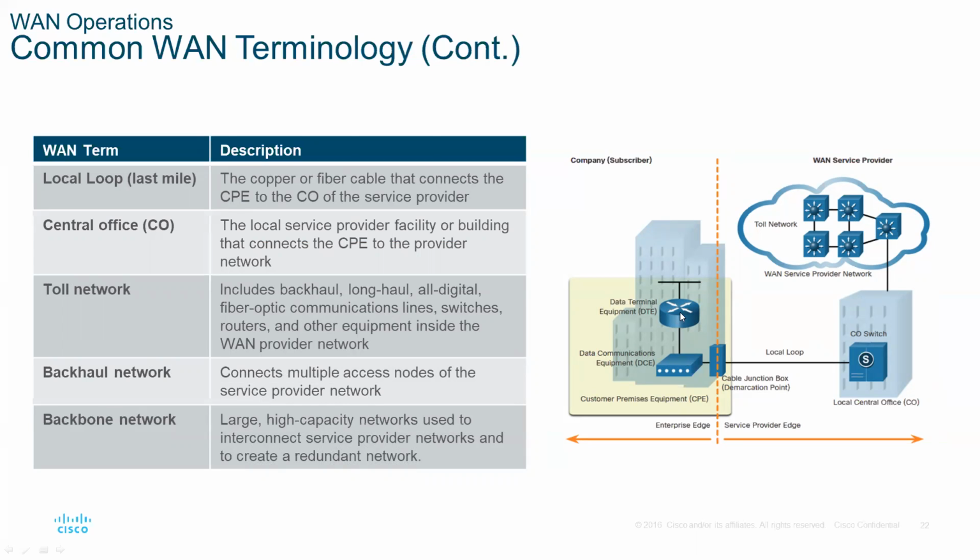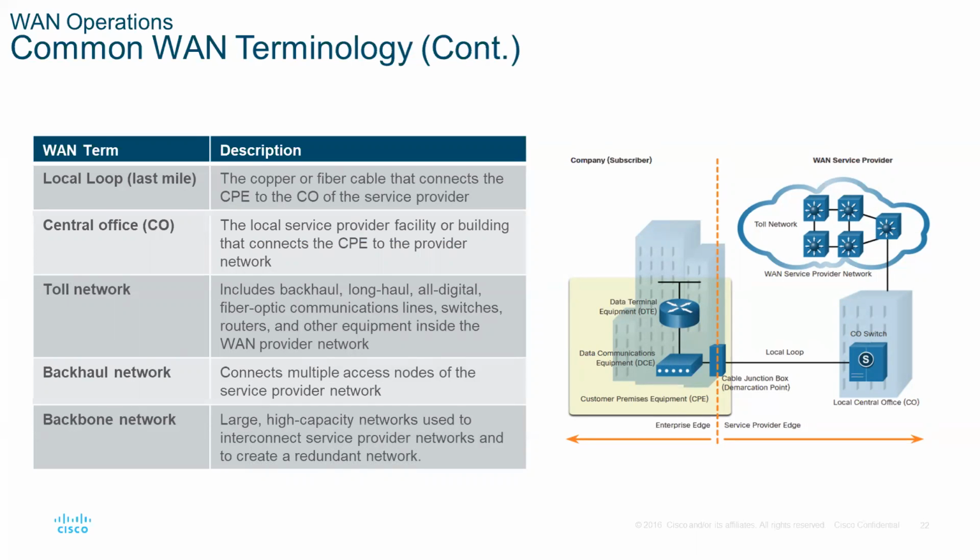So we say DCE has the clock, C for clock. When we're setting up serial lines, we need to have a synchronization or heartbeat for the signals, and the DCE provides that signaling synchronization.